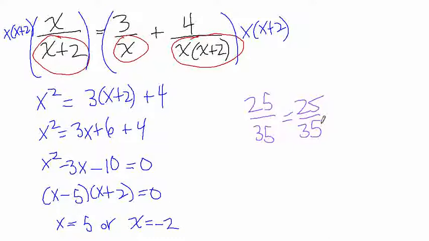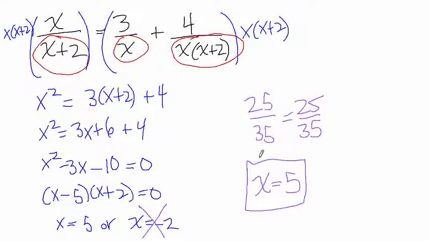So 5 is indeed an answer. Now, if you plug in minus 2, can you see that you're going to have problems because the last denominator, you're going to be dividing by 0, which is not allowed? So we're going to throw that out. So the only solution, therefore, is x equal to 5.